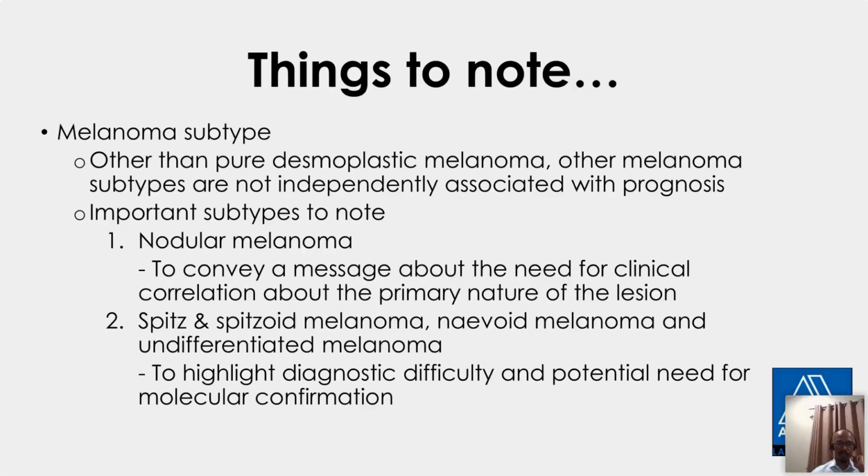So that's why it's important to specify in that scenario. Spitz and Spitzoid melanomas, nevoid melanoma, and undifferentiated melanoma, it's important to mention them because this highlights diagnostic difficulty and the potential need for molecular confirmation of the diagnosis, because these are difficult melanocytic lesions to diagnose.